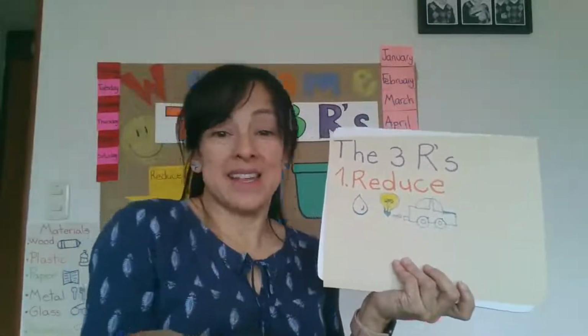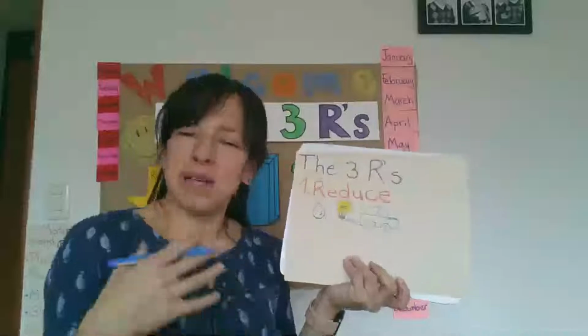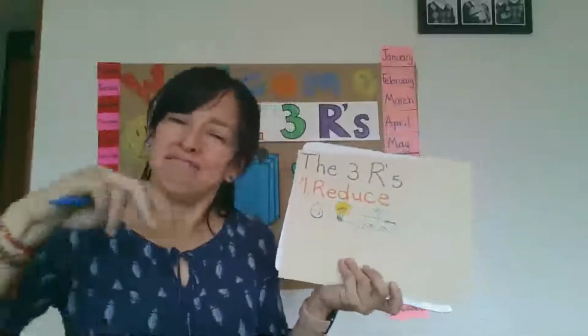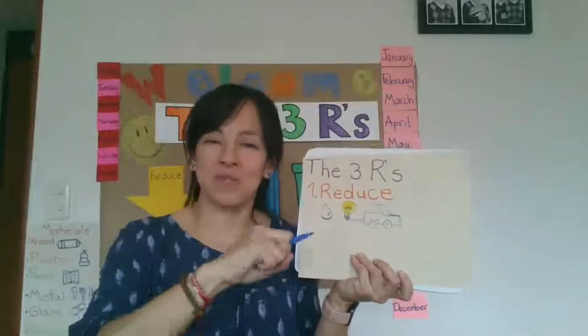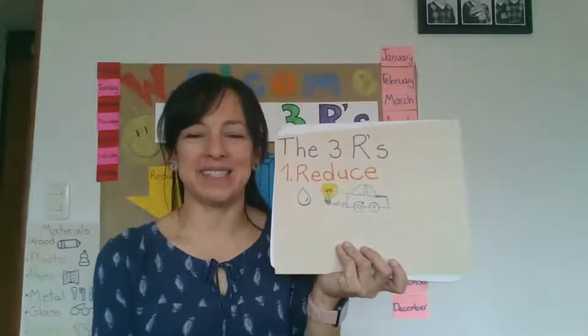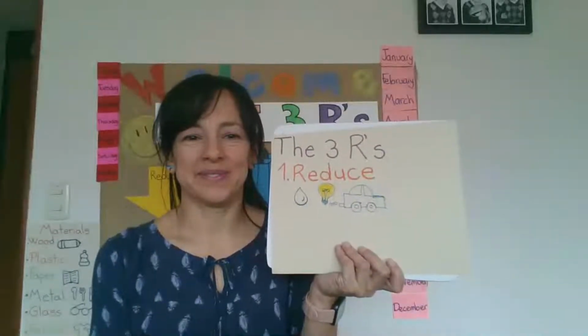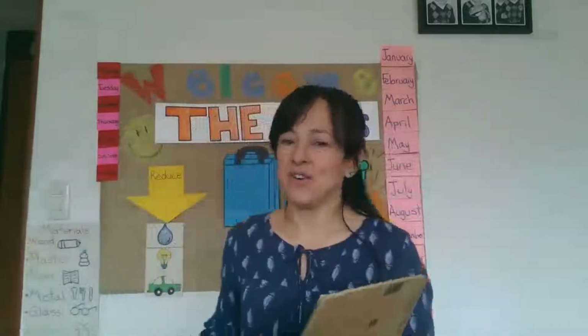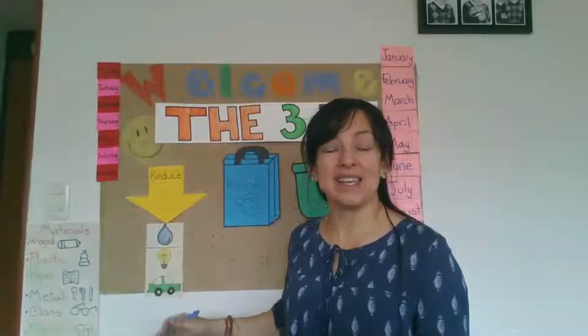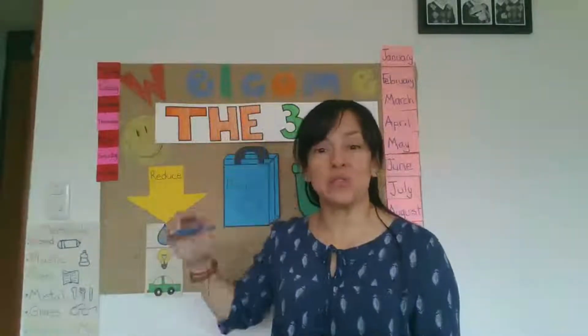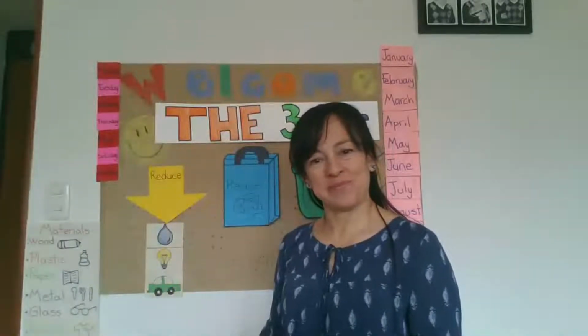Sometimes the car is necessary, but some other times we can take a little walk or take out the bicycle, right? Very good. So these three elements are very important and we need to reduce the use of them.